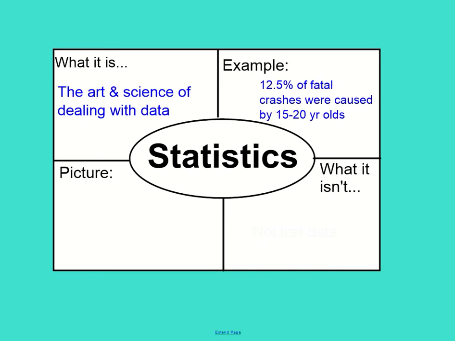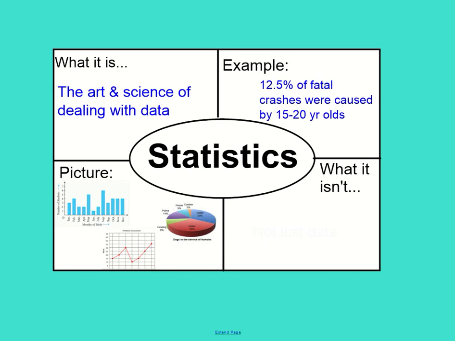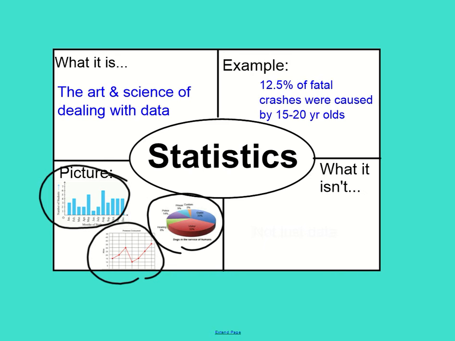We can also represent statistics with multiple different visual representations. Our first one is a bar graph. Here we have a bar graph, here we have a line graph, and here we have a circle graph. All of these things are created using data, and we take that data to make these different statistics.